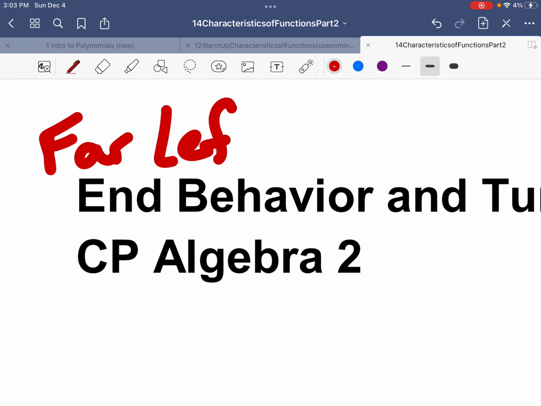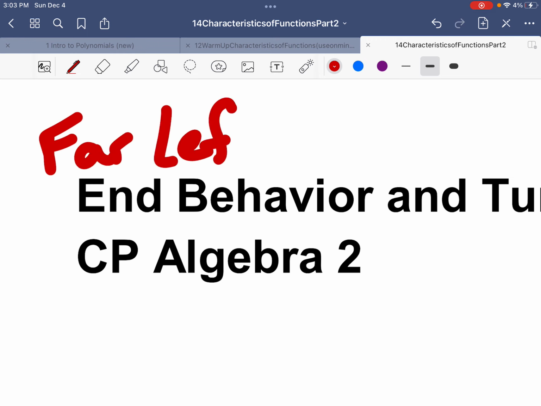So how do you know if this side or that side is going to be the side that goes up or down? Well, there's one more connection. There's really one more thing that we need to look at, and that is the leading coefficient. The leading coefficient is very important in understanding what happens as we go to the right.